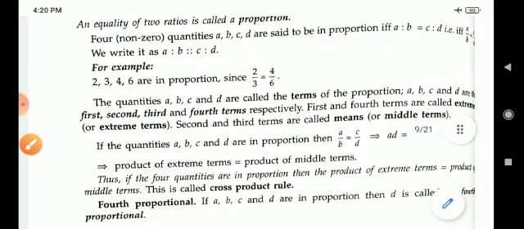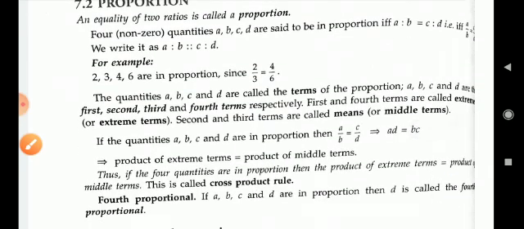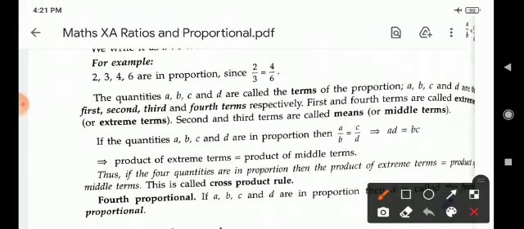Okay children, the quantities a, b, c and d are called the terms of the proportion. a, b, c and d are the first, second, third and fourth terms respectively. First and fourth terms are called extreme terms.